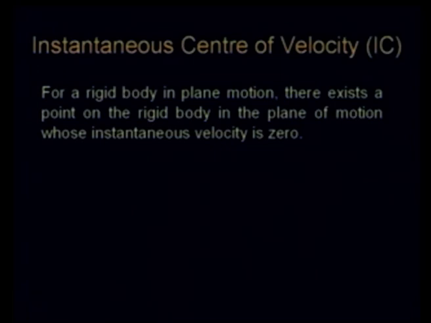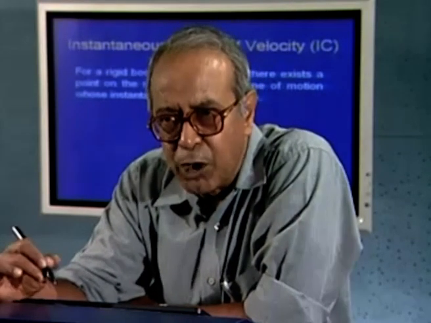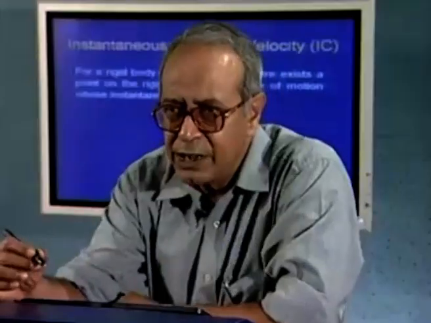It must be mentioned that this IC may lie outside the physical boundary of the rigid body, but it lies in the plane of motion of that rigid body. If a rigid body is under pure translation, then obviously no point has 0 velocity.